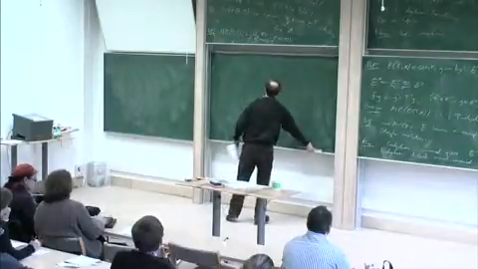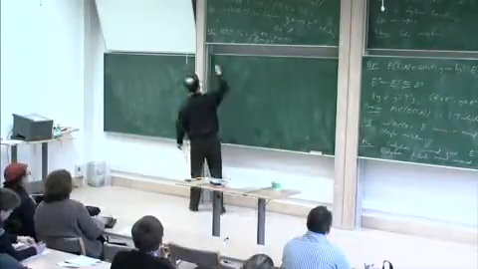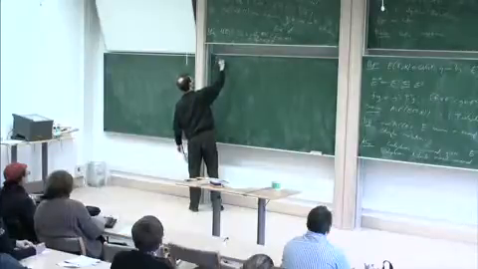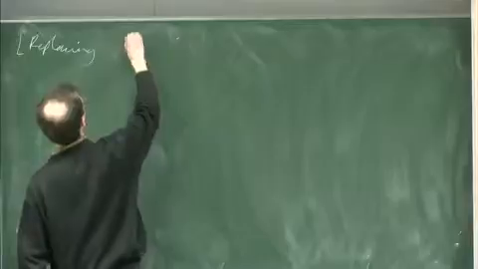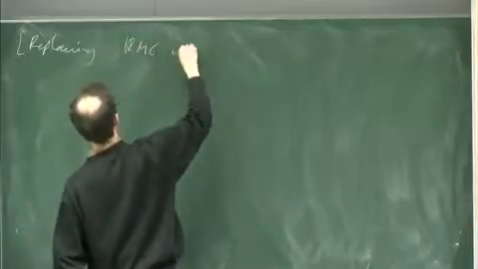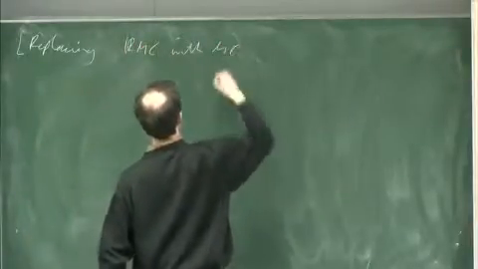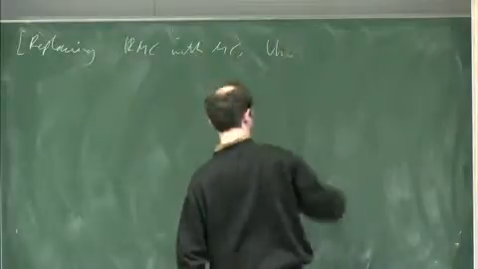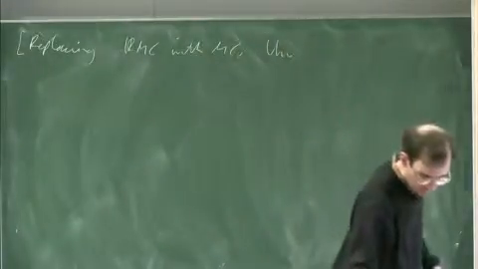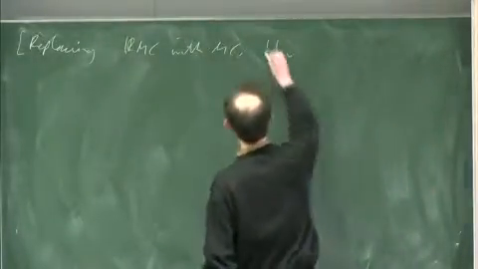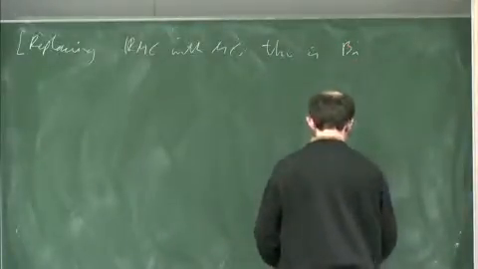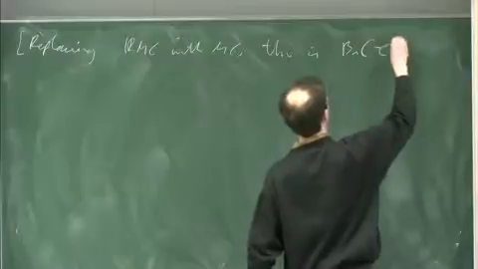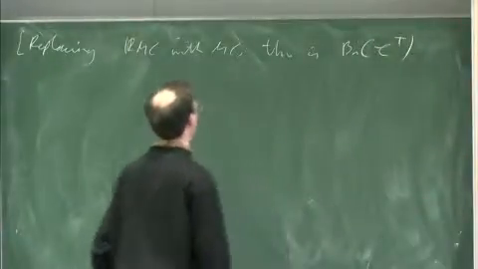Replacing RMC with just MC, this is BN, so it's the end part of the nerve.